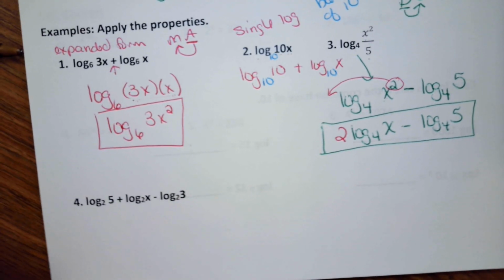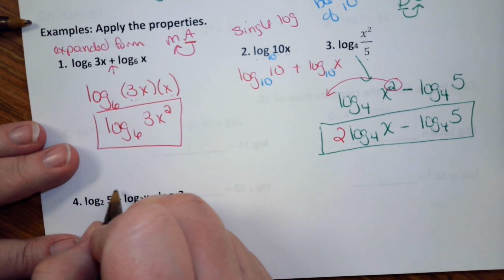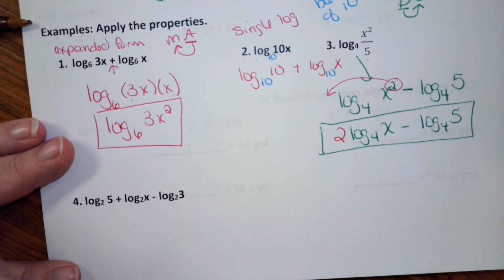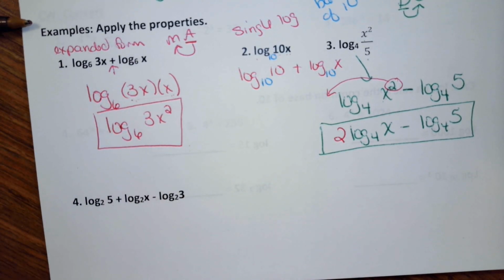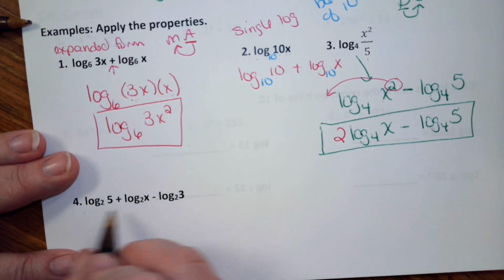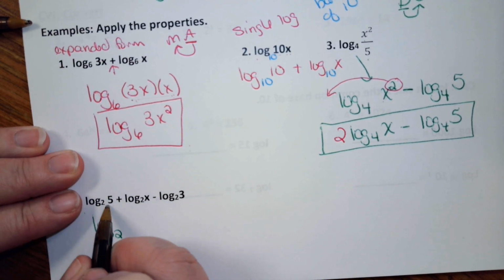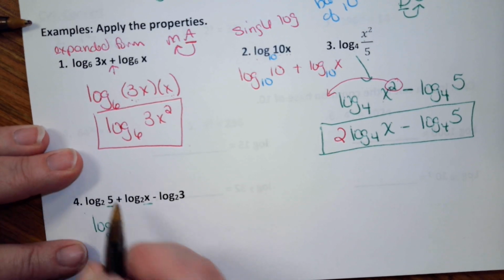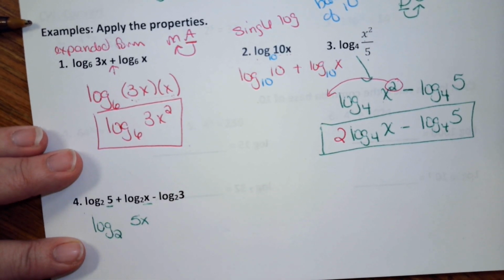Alright, looking at number 4. I see I've got 2 operations going on, so we're going to do it from left to right. We're going to take it from expanded form back to single form. They all have log base 2, so I'm going to put log base 2. Since there's addition right here, these two are going to be multiplied, so we got 5 times x.